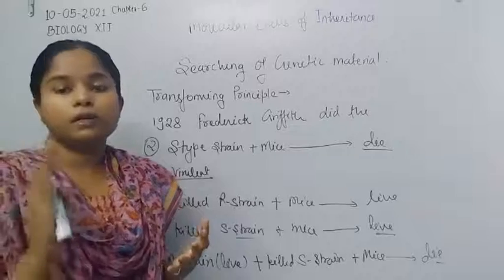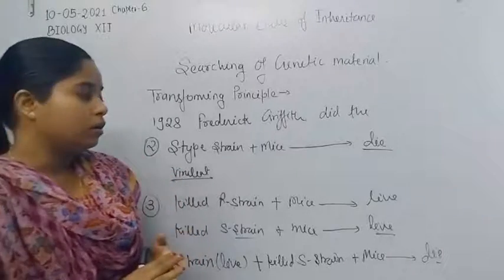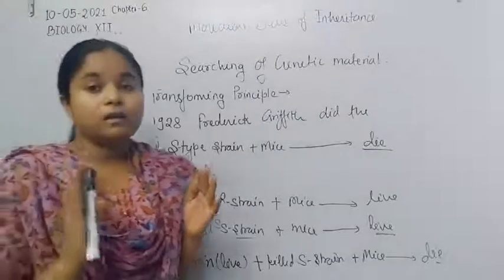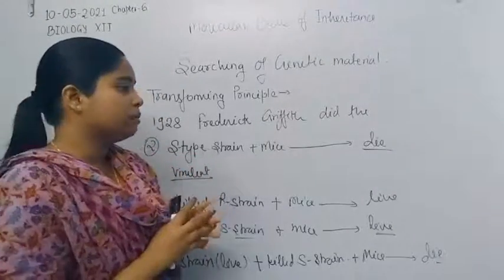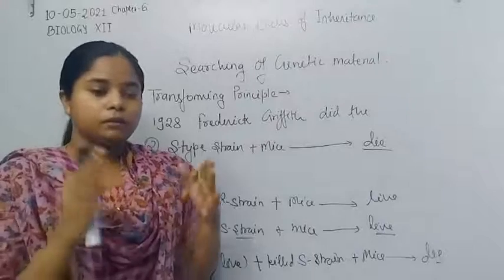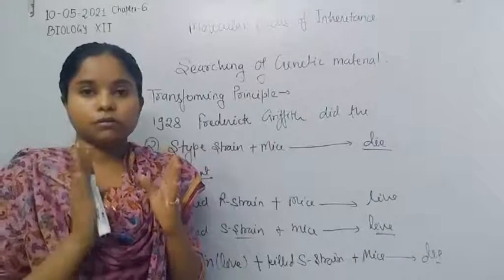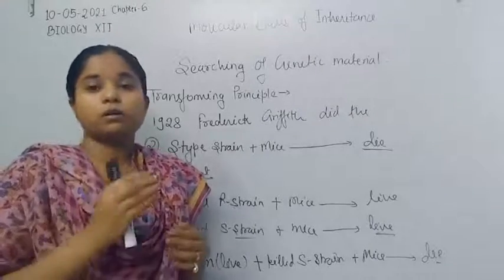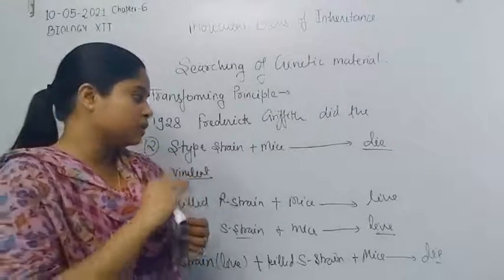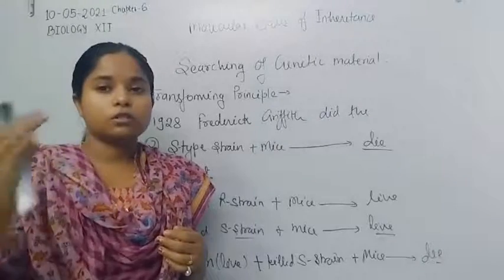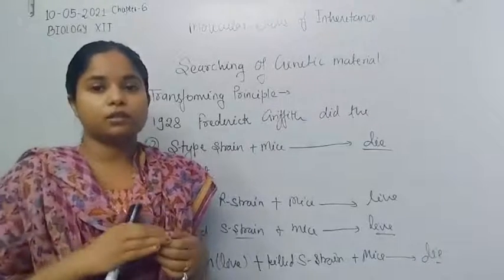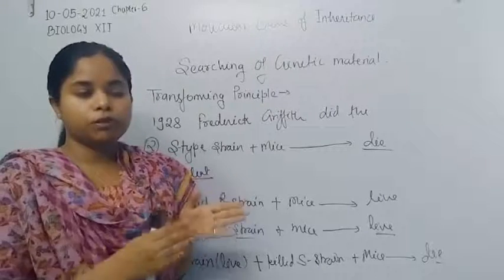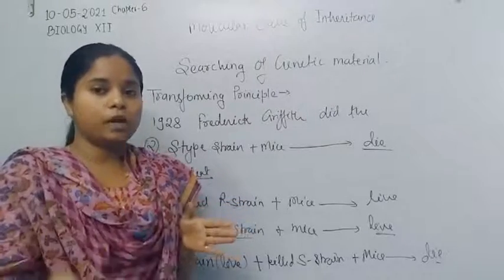Gregor Mendel also gave the law of dominance and law of segregation. The conclusion given by Mendel was that some factors are responsible for transferring the genetic trait of parents from one generation to another generation, into their offspring.